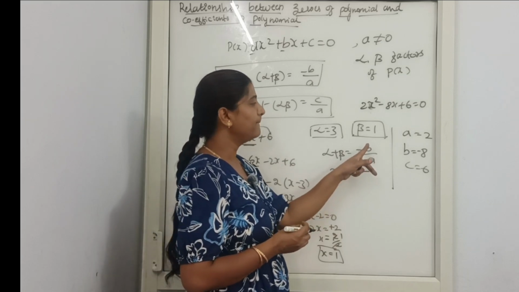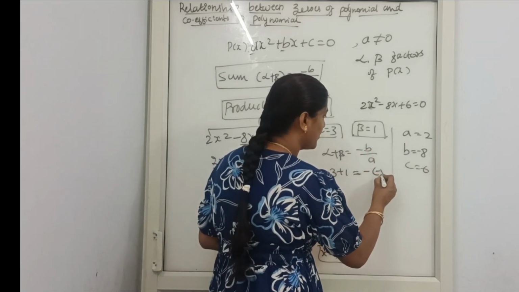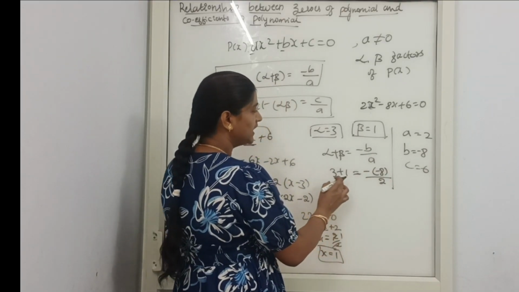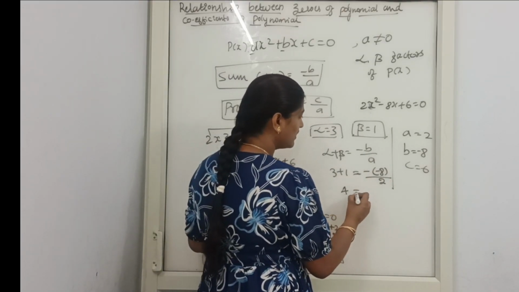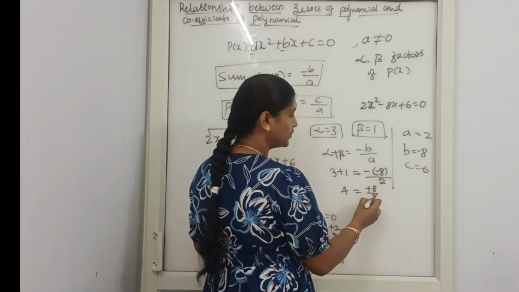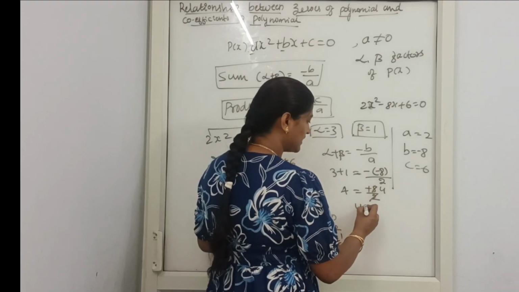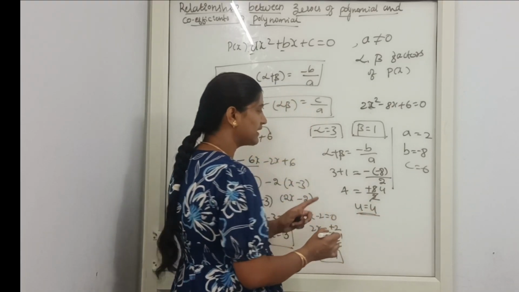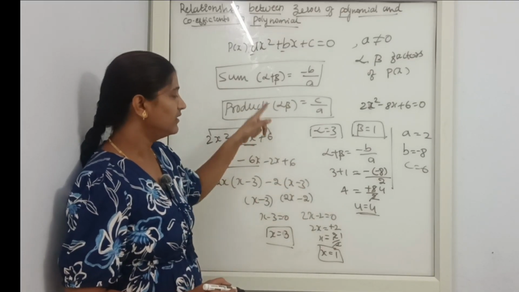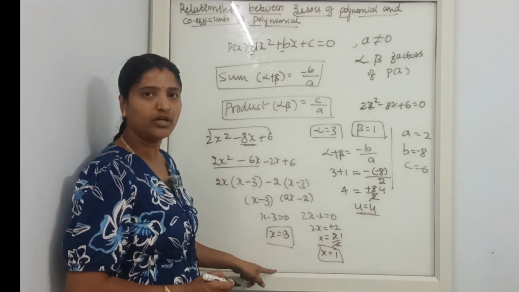So minus b itself is minus of minus 8. Keep a bracket and write. A is 2. 3 plus 1 is 4, and here minus into minus is plus 8 by 2. 2 fours are 8, so it leads to 4 is equal to 4. That means, what is this? We found it by the zeros of the polynomial, right?